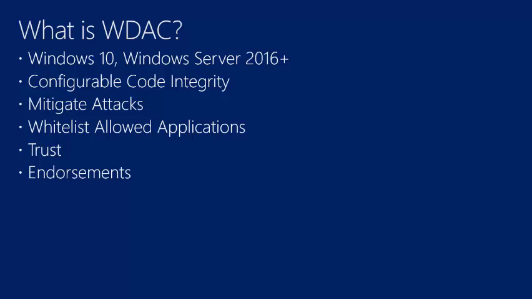Being able to control what applications run in your environment and how those applications interact with data is a really big deal. With application control, you're able to whitelist applications that you want to run in your environment and then prevent others from running in your environment.